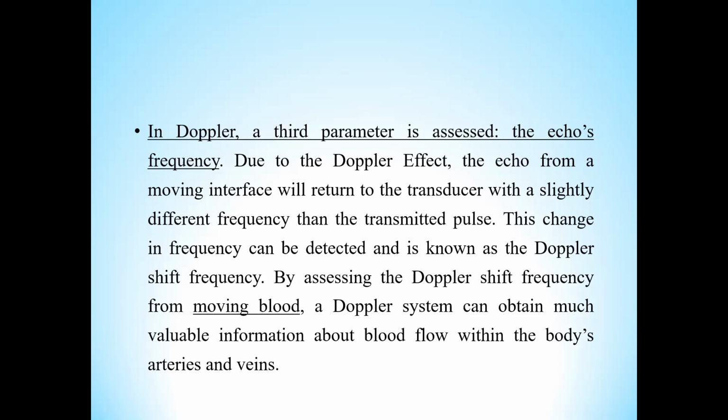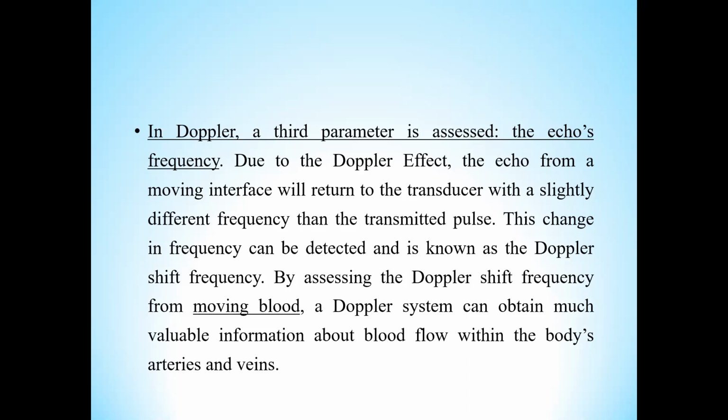For example, if we select a transducer frequency of 4 megahertz, then the reflected frequency will also be around 4 megahertz. There will be no change because with the propagation of sound wave, frequency will never be changed unless there is any movement of the reflector.